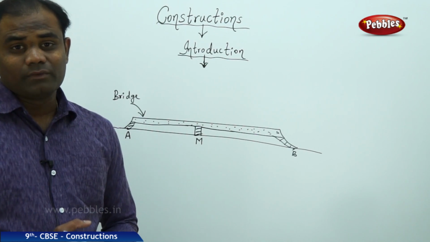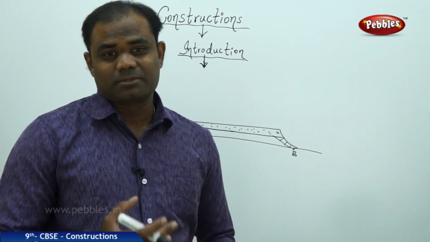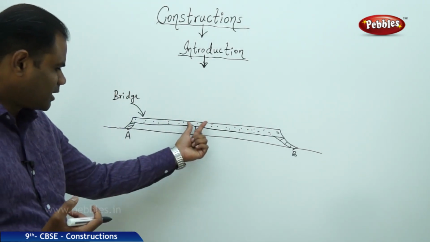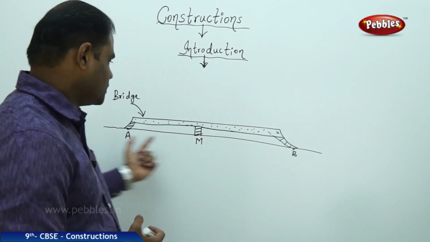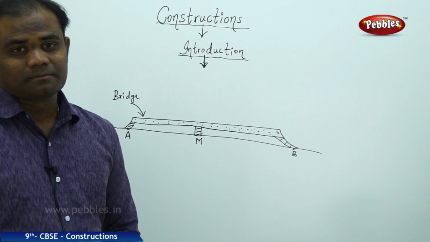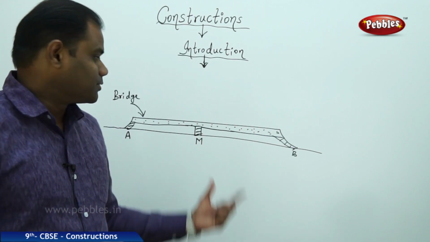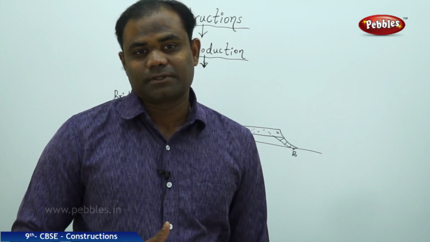That's how we understand constructions. But now the biggest question which comes is, how could the engineer identify the middle value, or exactly the middle point, of this length AB? That is the biggest question in constructions. We use this real life problem as a base to understand the topic of constructions.